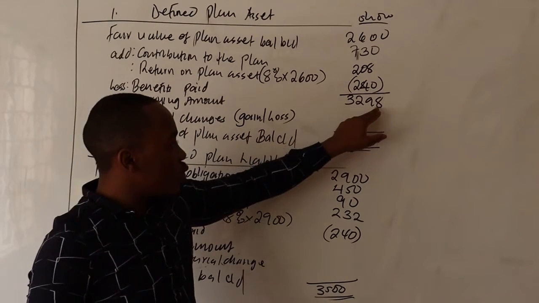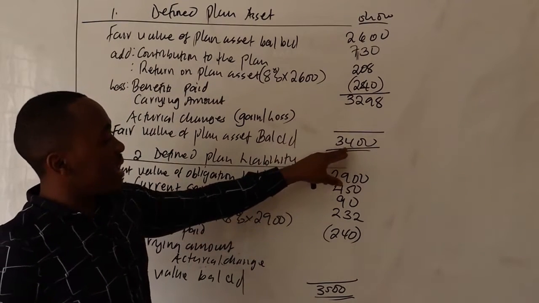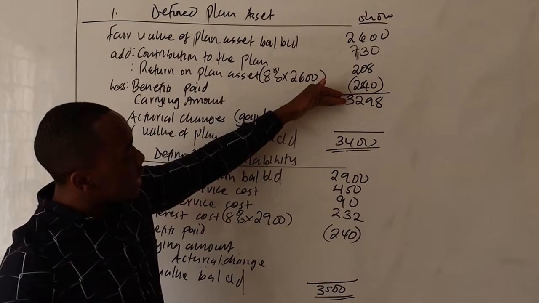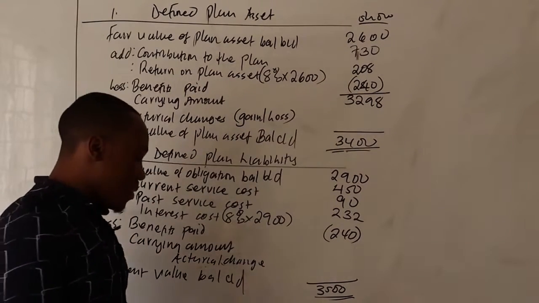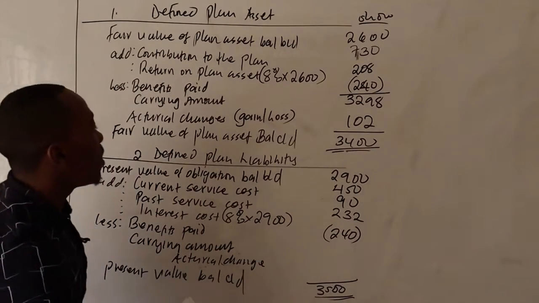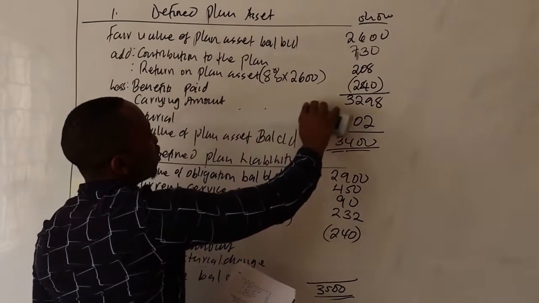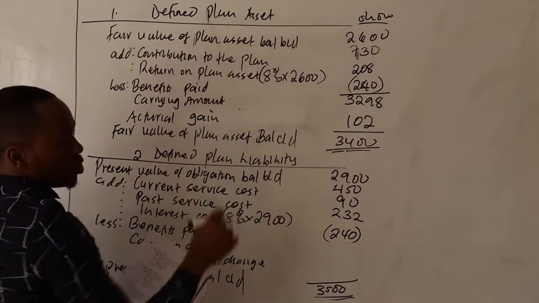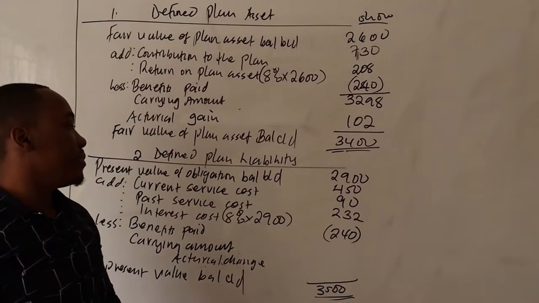The carrying amount was 3,298, but the balance at the end is 3,400. So what has happened? There was an increment from 3,298 to 3,400, an increment of 102. So what is that 102? That's what we call an actuarial gain, because it was an increase.